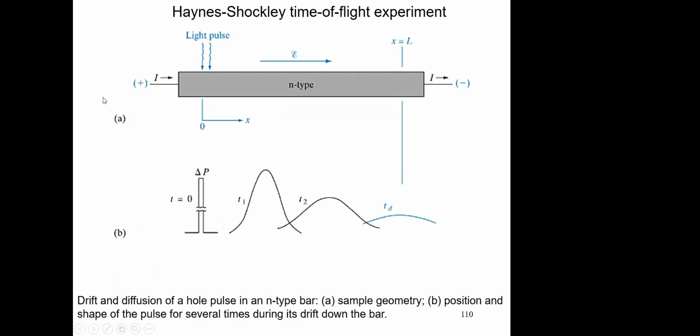At x equal to 0, the excess carrier concentration is capital delta P. So if x equals 0, I get C1 plus C2, so that must be equal to capital delta P. And the second boundary condition is at x equal to infinity, the carrier concentration has to gradually go down to zero.